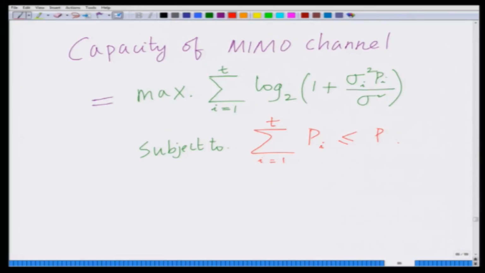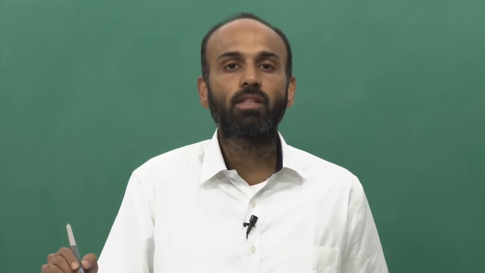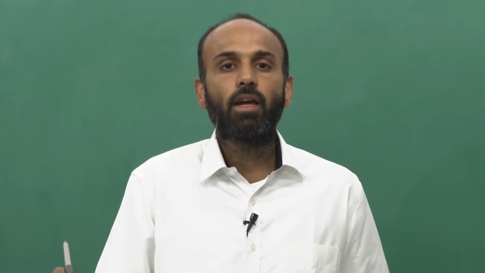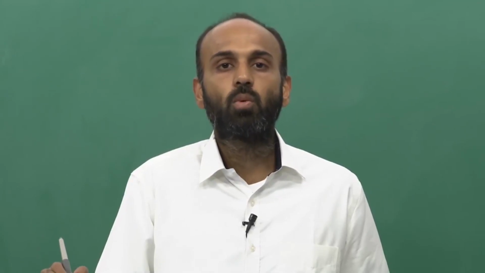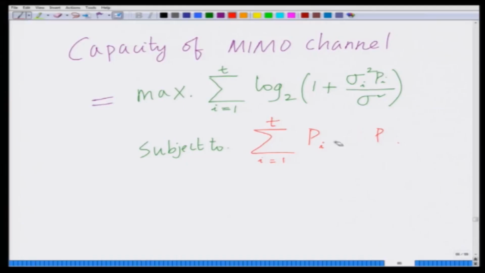We are saying that the capacity of the MIMO wireless system, that is the maximum capacity, is the maximum possible sum rate, which is summation i equals 1 to t of log to the base 2 of 1 plus sigma i square Pi divided by sigma square, subject to the constraint that the total transmit power, that is summation i equals 1 to t of Pi, is less than or equal to P, or we can even say the total transmit power is equal to P.